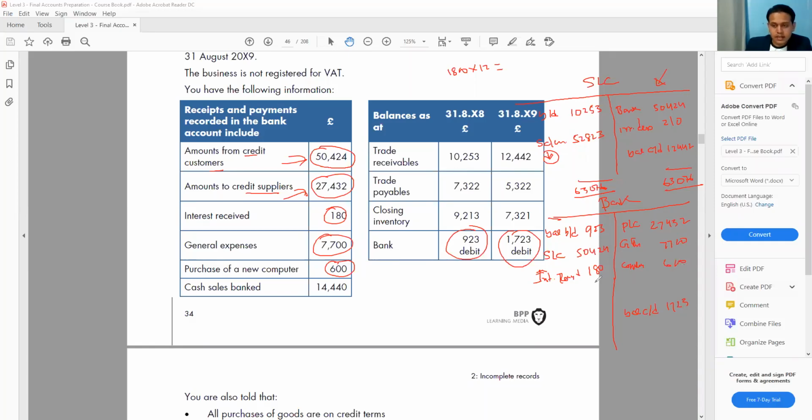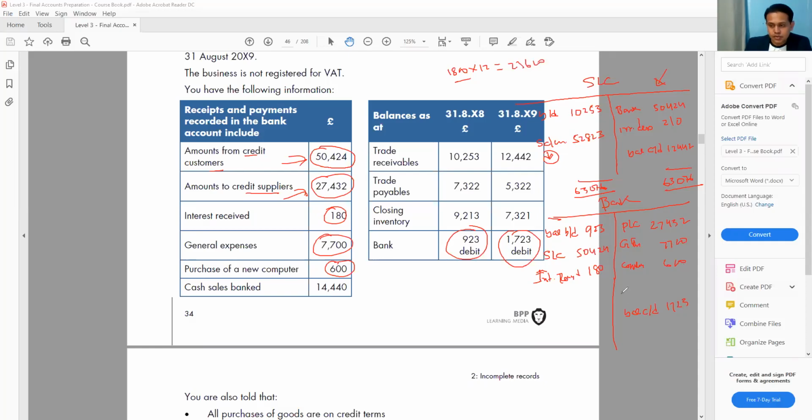Then I think we missed the drawings, isn't it? 1,800 times 12. How much is the drawings? Every month, the proprietor took 1,800 pounds. So for the 12 months, how much did he take? 21,600. Very well done.